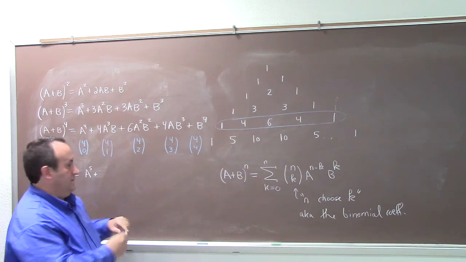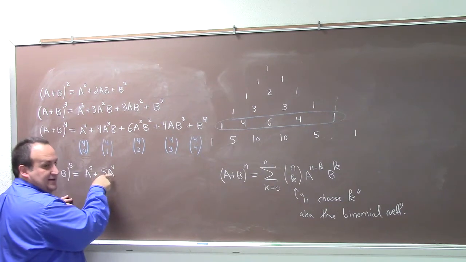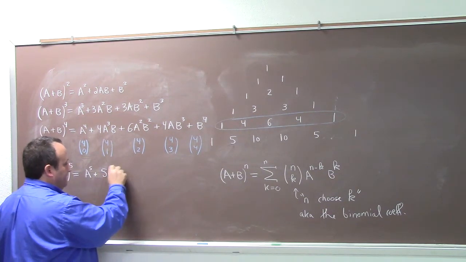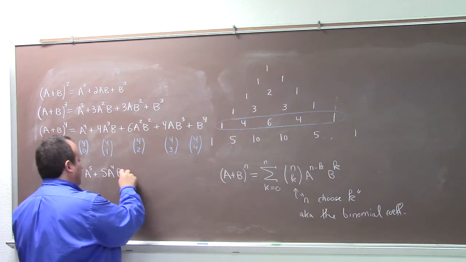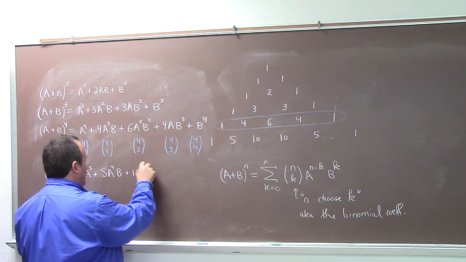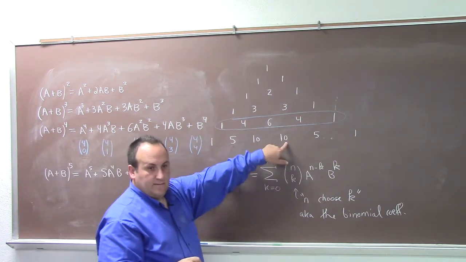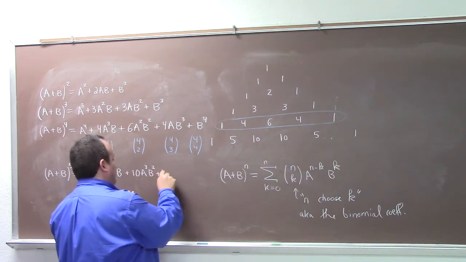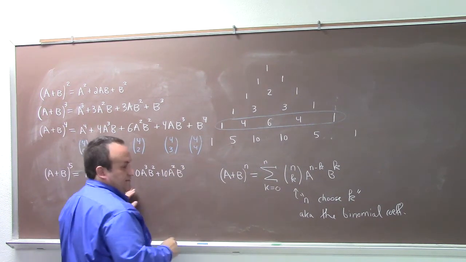5, a to the fourth, and then a decreases, b increases. So b, then I got this 10, a cubed, b squared, right? Another 10, a decreases, b increases, to cube this time.